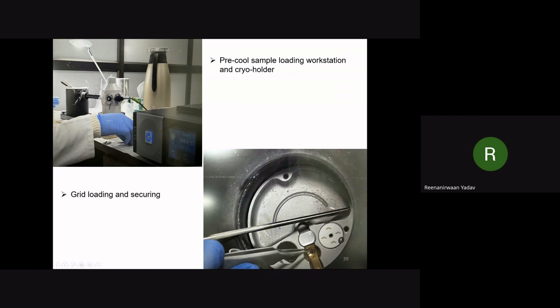We generally maintain the temperature of the tip of the holder where we are going to load our sample. Here we transfer our sample from the grid box to the notch shown in the picture with the help of tweezers and secure it with the help of a clip ring. Next.